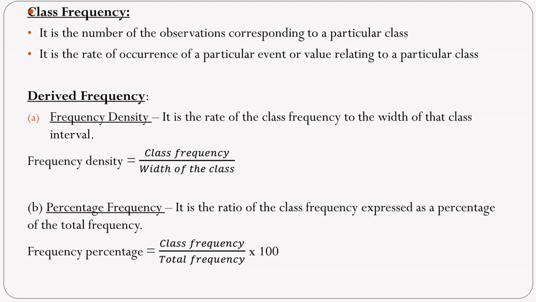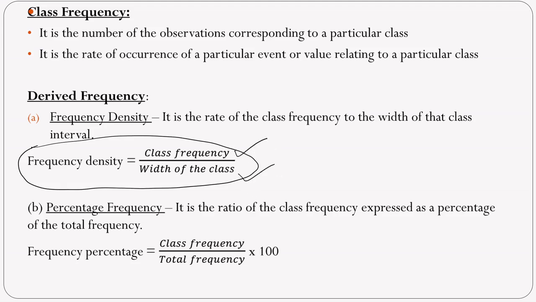Derived frequency, we have to calculate by using a formula. Frequency density is the ratio of the class frequency to the width of that class interval. So we need to take class frequency divided by width of the class. The width of the class we derive from class boundaries.